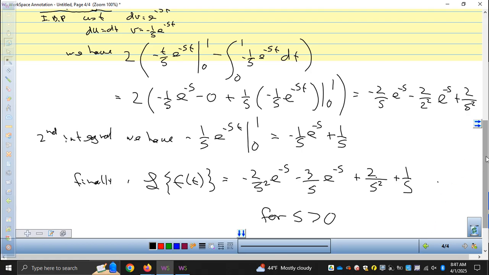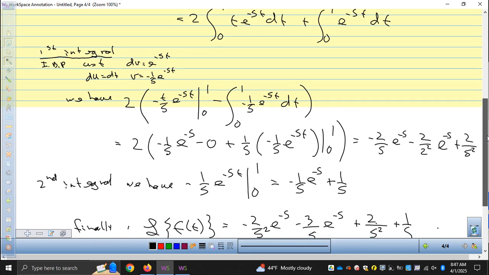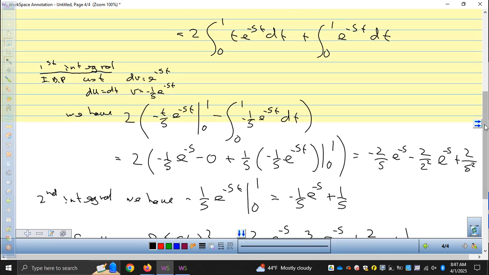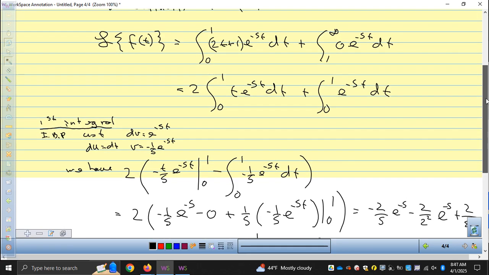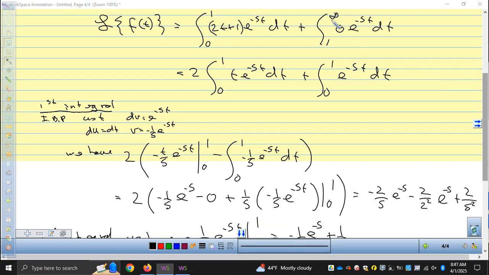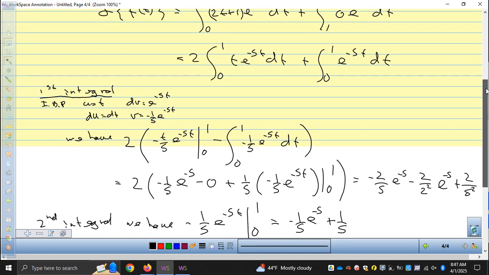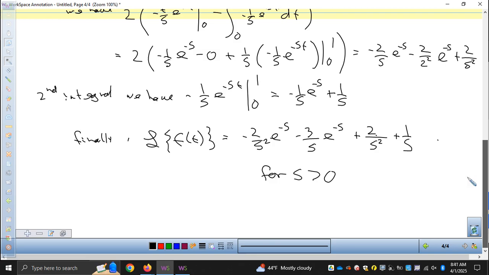If s is less than 0, usually we say s is positive because of this infinite limit, then that integral diverges. So we usually keep s positive.